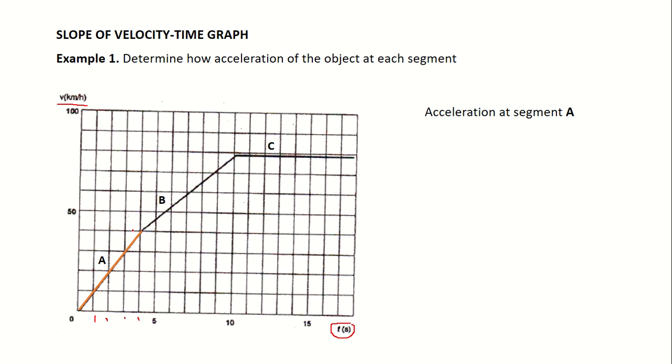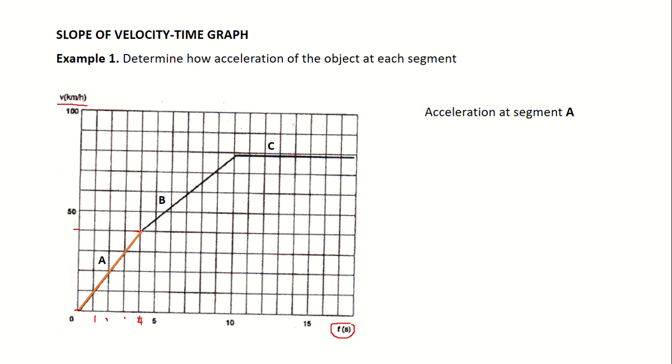Sige, I have 3 segments, A, B, and C. If I look at segment A, I started at 0 velocity. That means I was at rest during the beginning. And then I am gaining speed here until I reach a speed of 40 kilometer per hour. That is at 4 seconds.